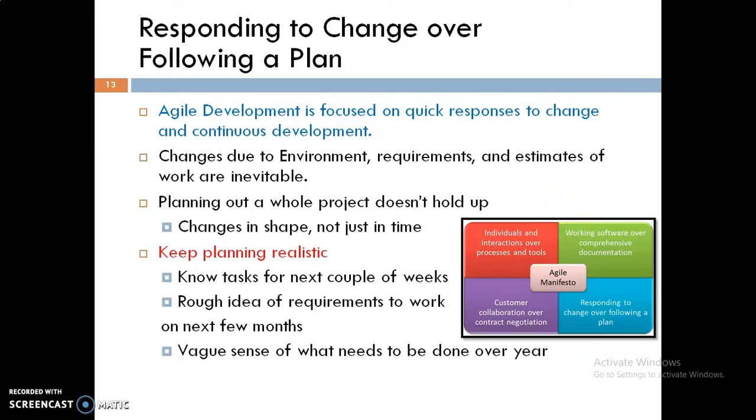Keep the planning realistic, so that they are aware of what is going on in the project. First they know the tasks for the next couple of weeks, then a rough idea of the requirements to work on for the next couple of months, and a vague sense of what needs to be done in the next year.